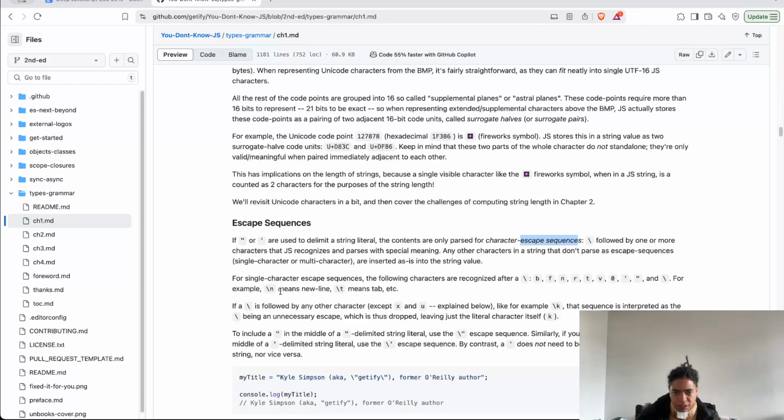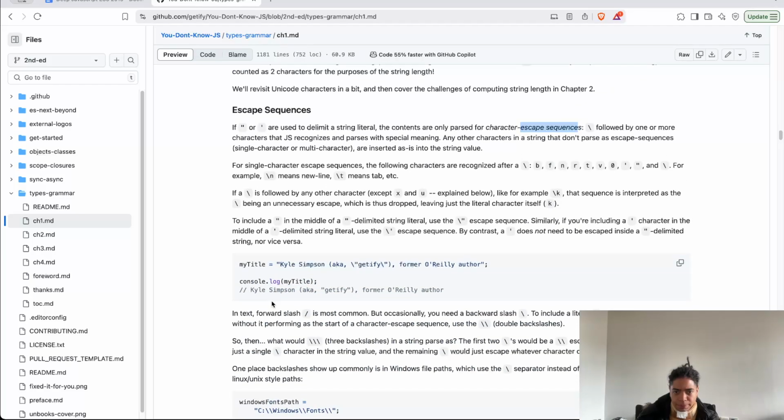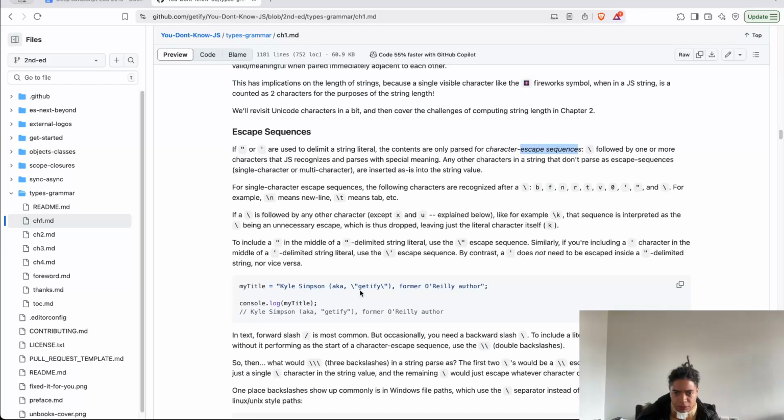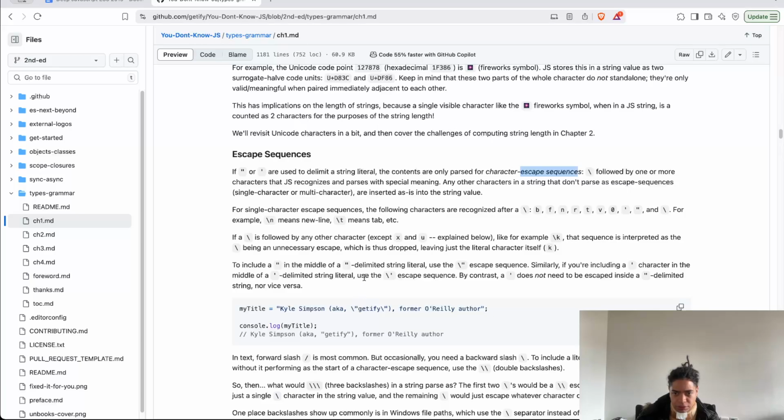For example, \n means new line, \t means new tab, etc. If a slash is followed by any other character except X or U, explained below, like the K, that sequence is interpreted as the K being an unnecessary escape, which is dropped, leaving just the literal character itself, K. So for example, in there, for single character escape, the following characters are recognized after that.